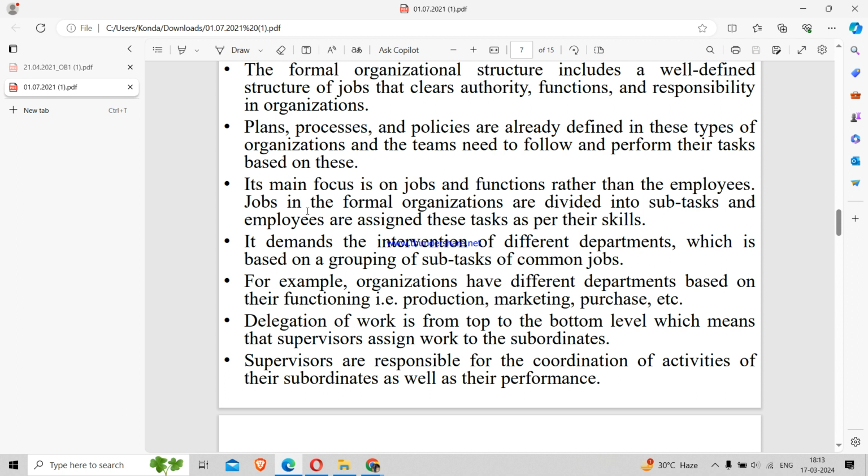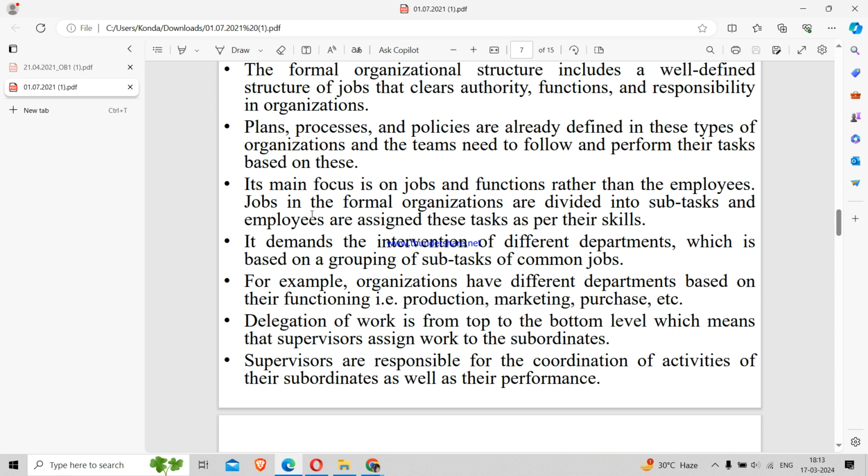Rather than the employees means, as I have told you, in informal, the productivity of each and every employee is taken into account, and accordingly they are told to give their output to other departments as well. But here the net output generated by a particular department is looked upon.